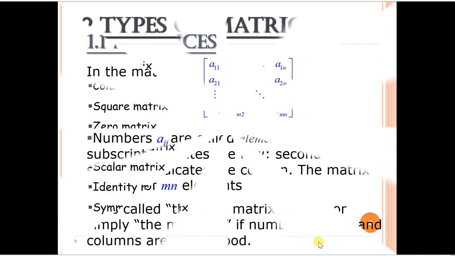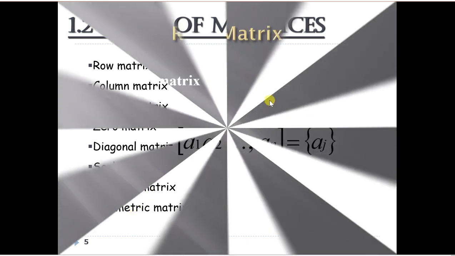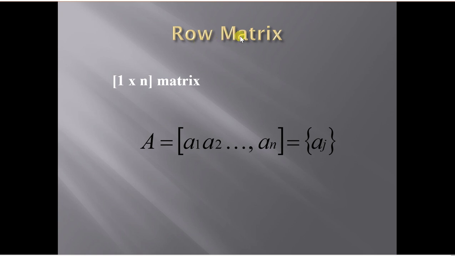Now, the types of matrices. We have so many types of matrices: row matrix, column matrix, square matrix, zero matrix, diagonal matrix, scalar matrix, identity matrix, and symmetric matrices. So let us discuss them one by one. First of all, row matrix. A row matrix, as the name suggests, is having only a single row.